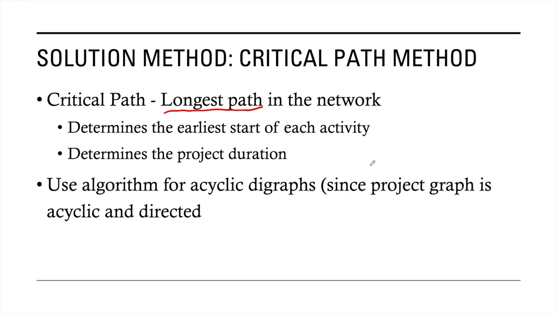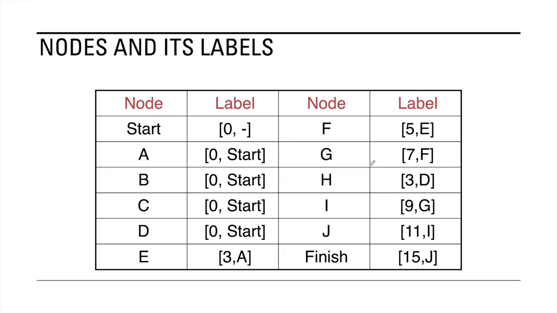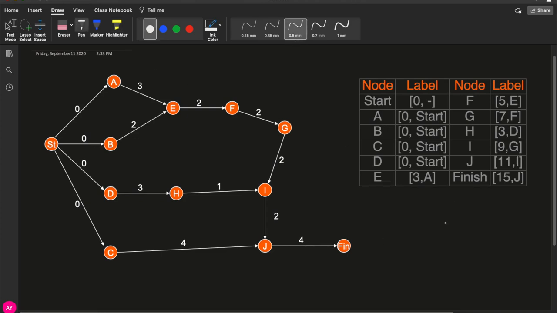And I'm hoping that you will be able to apply the solution method or the algorithm correctly and eventually get the same labels. So now, let us see where the longest path is in the graph. According to this table, we look at the last node, finish. It says we have to go through node J. And if we look at node J, it says we have to go through node I, and then G, and then F, E, A, start.